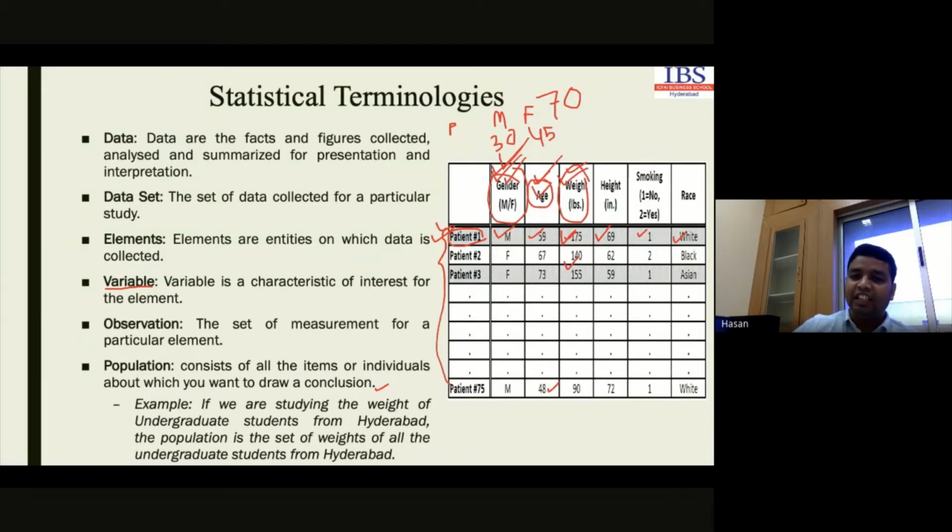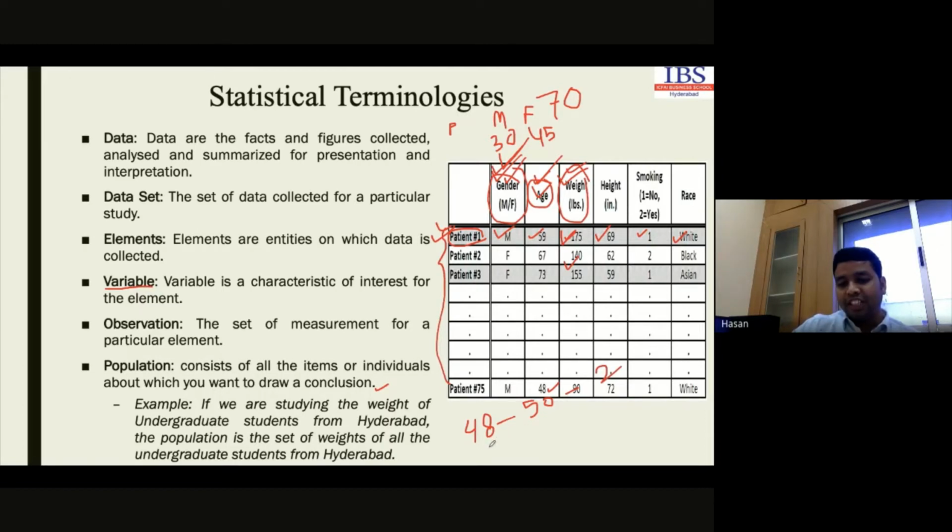That means in gender, out of 75, 30 will be male and 45 will be female. These are the frequency of male and frequency of female. Similarly, we can consider age also. For age 48 to 50, if there is 2%, then the frequency will be 2.